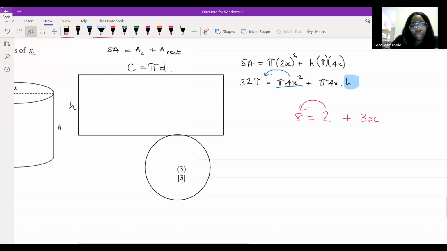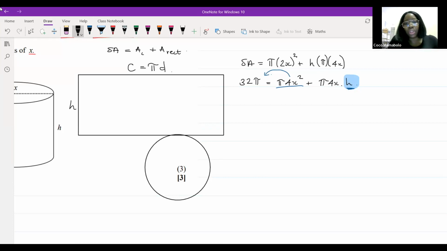Yes, because the 2 doesn't have an x, so it must go over to the other side. We only want things with x's on that side. And because in this equation we want h on its own, that means anything without an h must go to the other side.